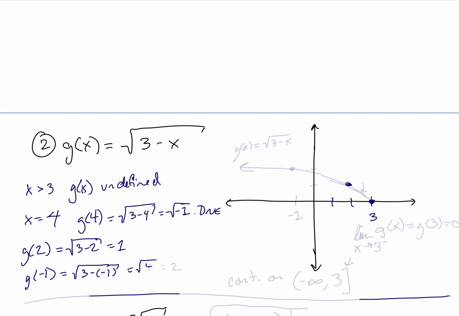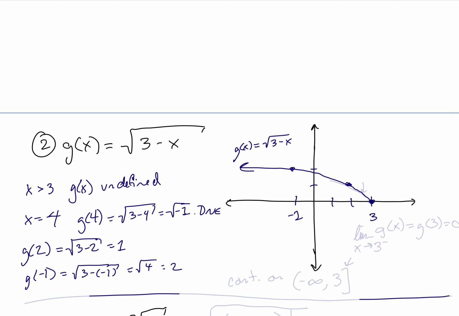That's the square root of 4, which is 2. So g of negative 1 is an output of 2, and so on. And so we have that sort of sideways parabola. So it looks just like the square root of x function, except it's flipped backwards and starts at x equals 3 instead of x equals 0. So this is the function g of x equals square root of 3 minus x.